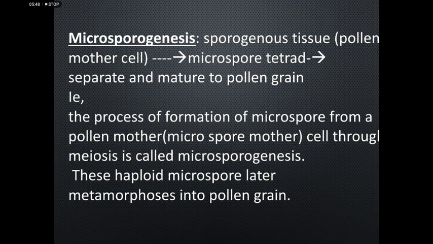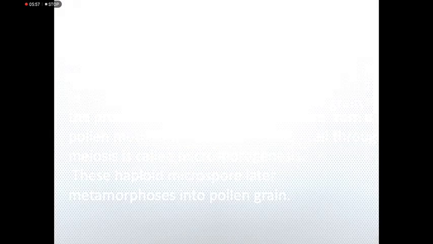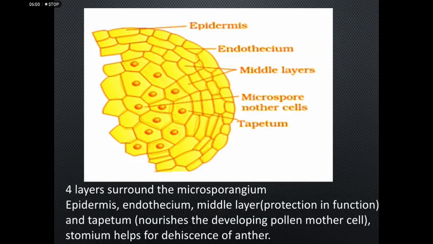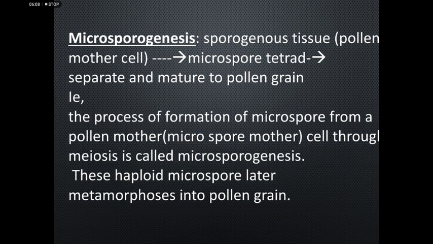The next topic is microsporogenesis. Sporogenous tissue, that is pollen mother cell. In this picture you can see the microspore mother cell. This is known as sporogenous tissue. These sporogenous tissues undergo meiotic division and produce a microspore tetrad.